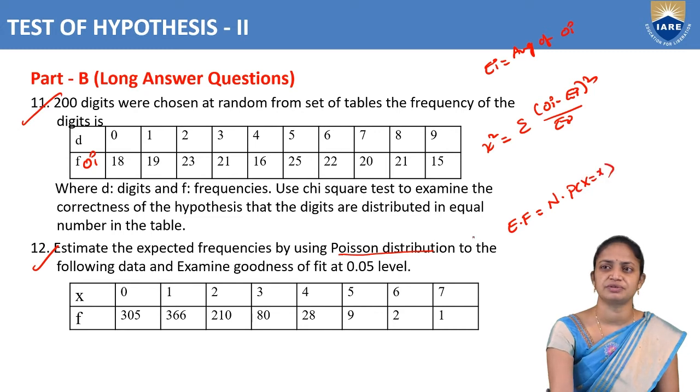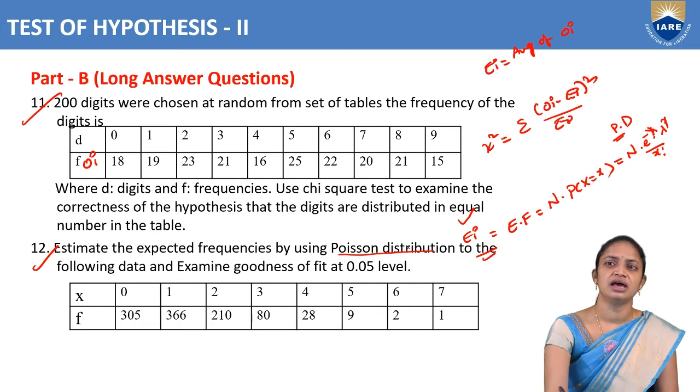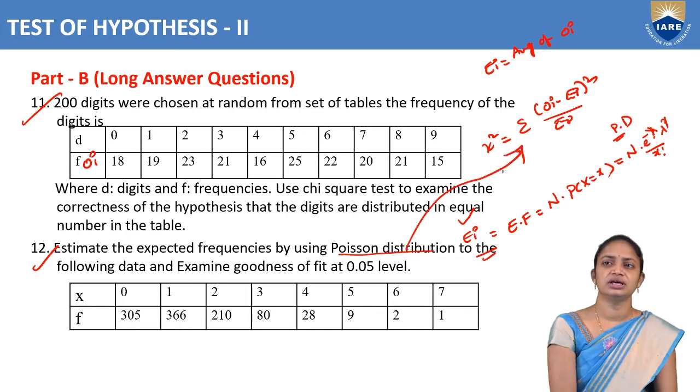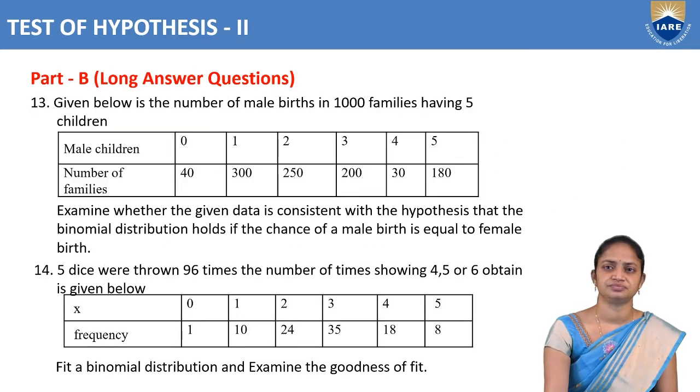For the EI values, we find n into P(X equal to x), which is n into e power minus lambda into lambda power x by x factorial. The main formula is the same: chi-square equal to summation of (y minus ei) whole square by ei. That is the formula for the 12th question.